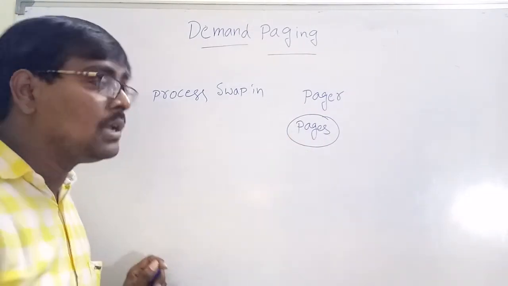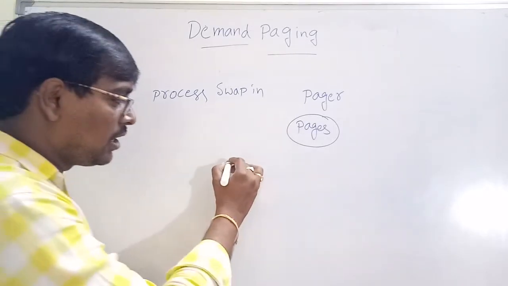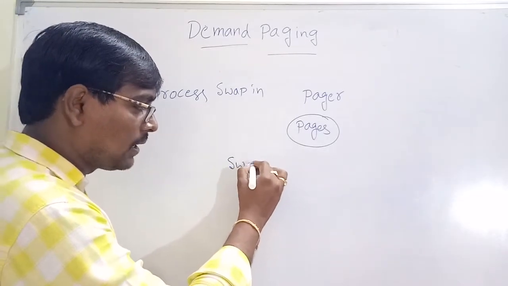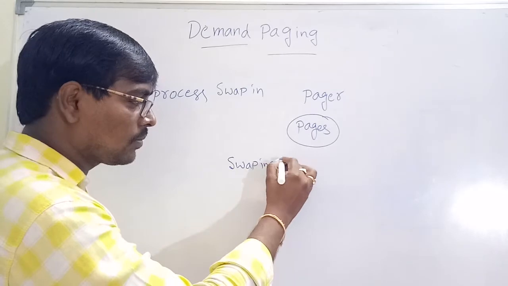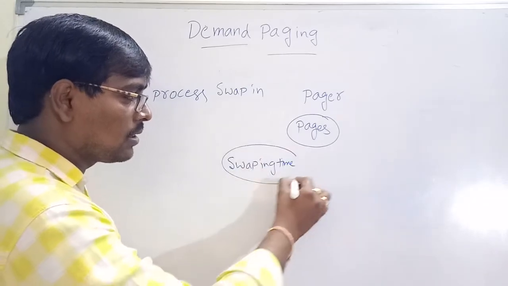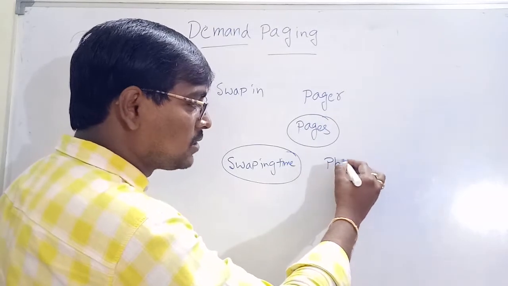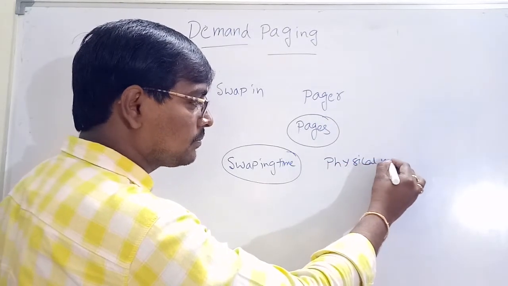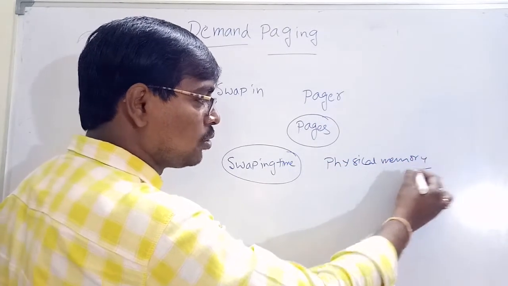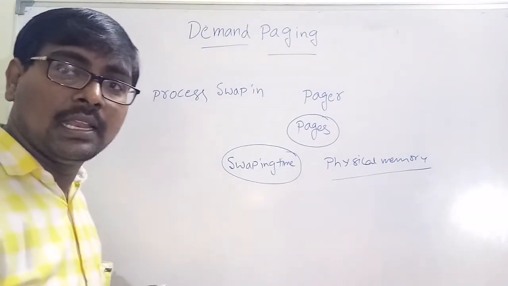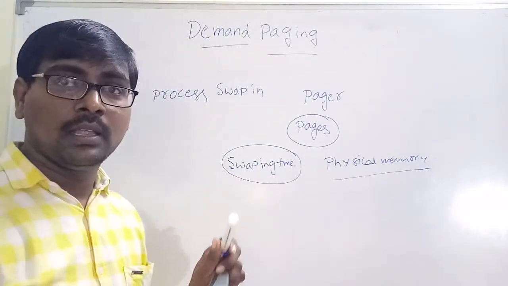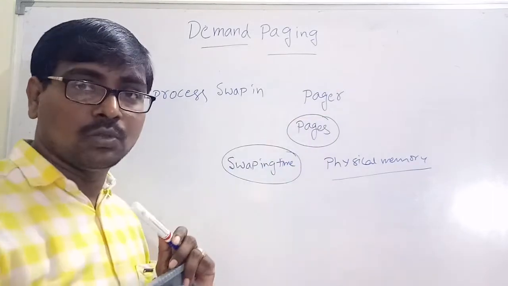Because of this, the swapping time is reduced, and at the same time less physical memory is required, since we are storing only the required pages. So this is the way the pager is used.